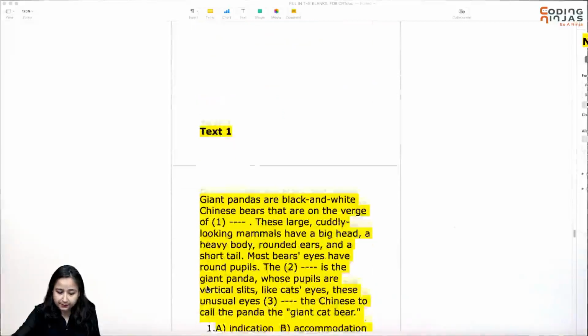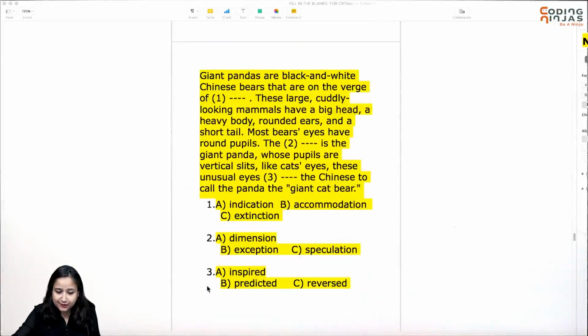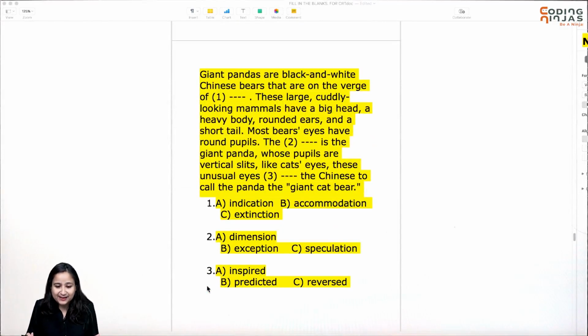Alright, so here, this is a nice sweet question about giant pandas. So let's look at this one. You'll quickly stop your screen, see the question, solve it, and then we'll discuss. Okay, so let's discuss. Giant pandas are black and white Chinese bears that are on the verge of extinction. Now removal, right?